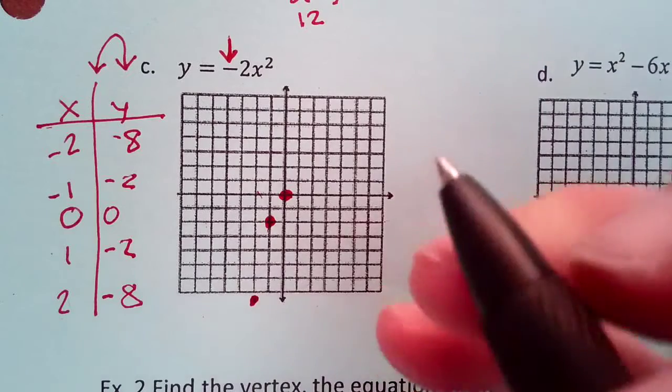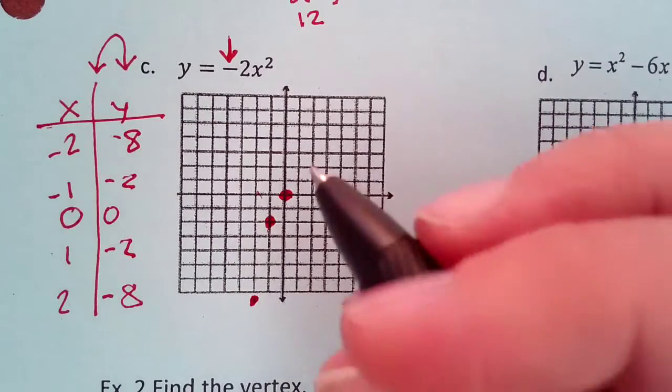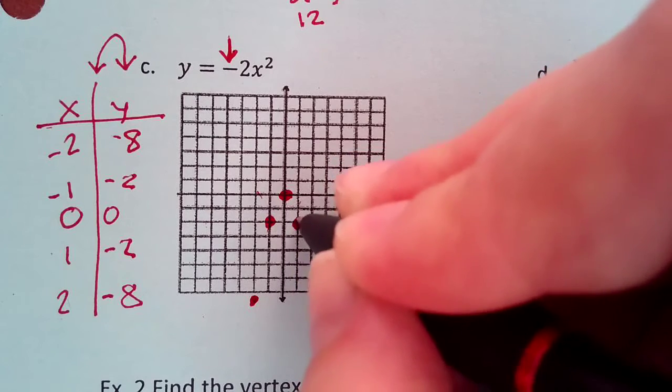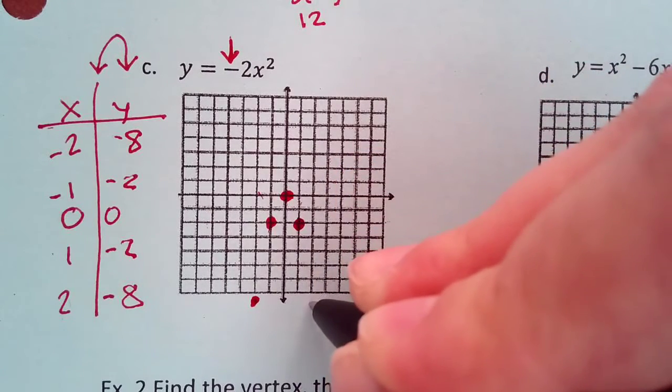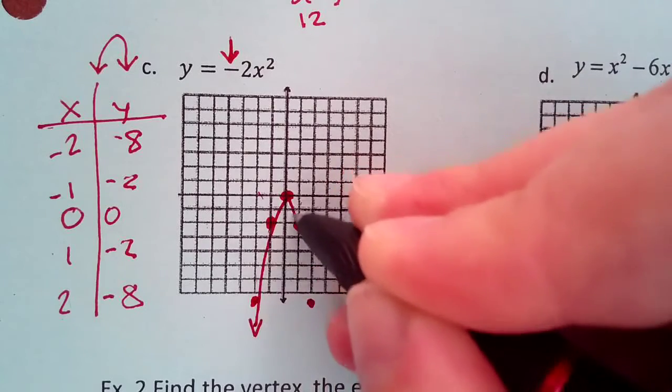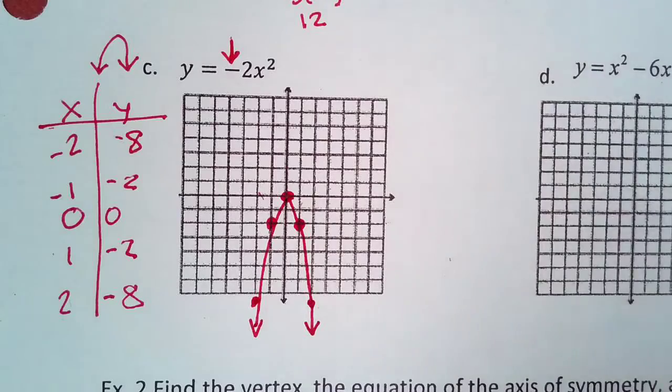I'm missing one more. It's a mirror image. So 1, -2: right 1, down 2. 2, -8, about there.